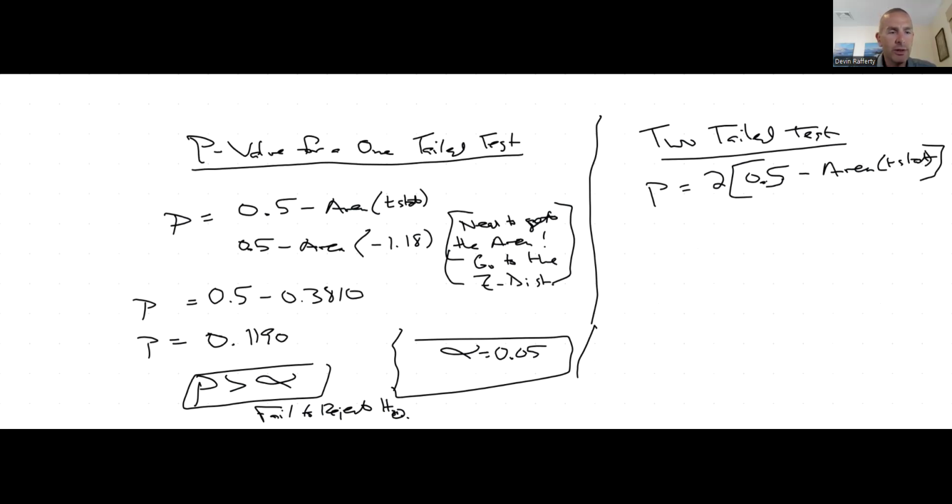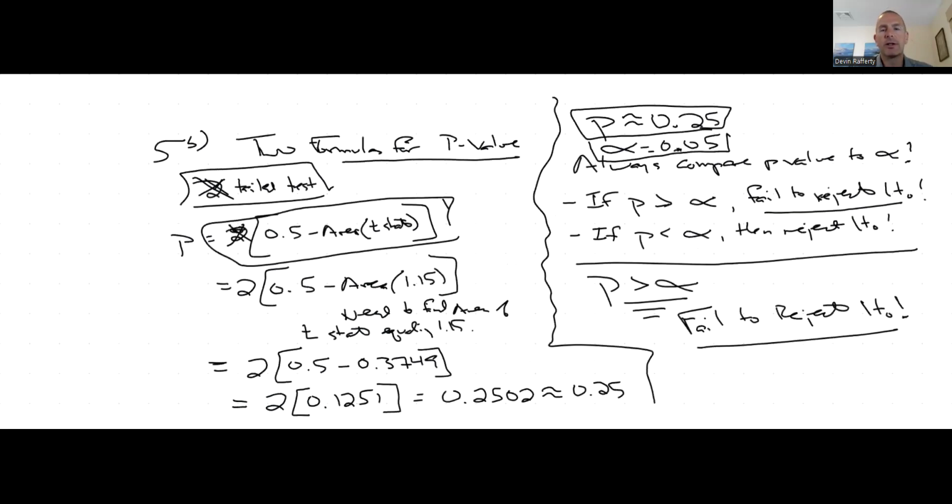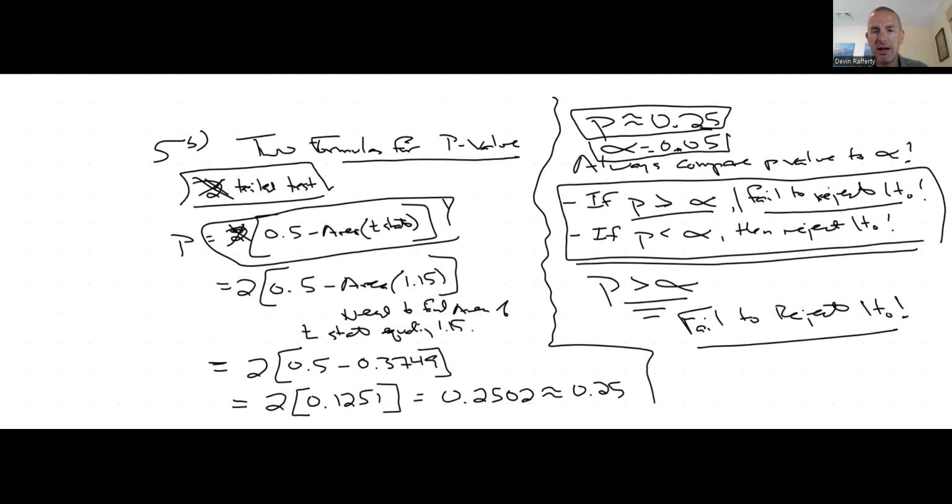And we know over here that if p is greater than alpha, then we fail to reject the null hypothesis.